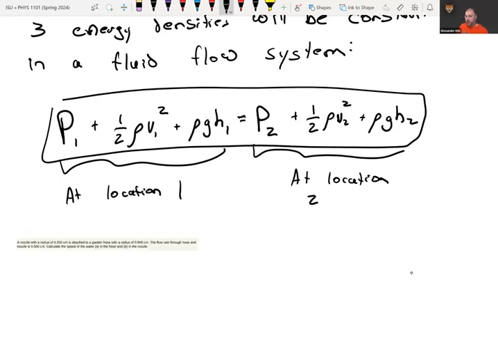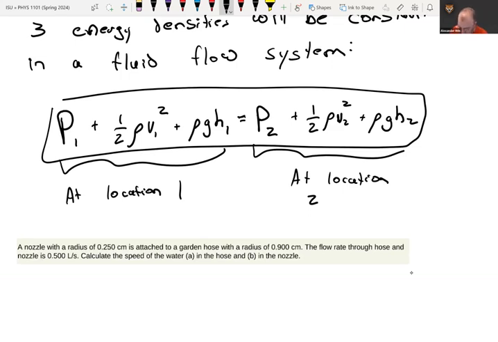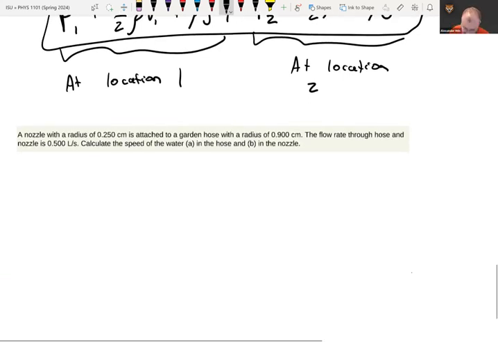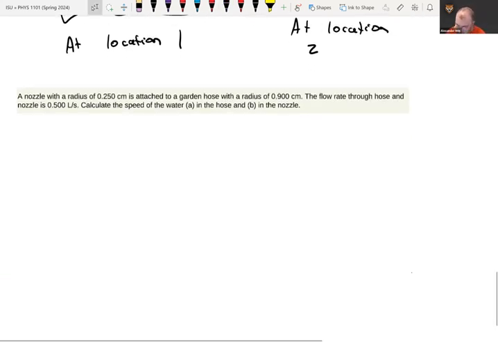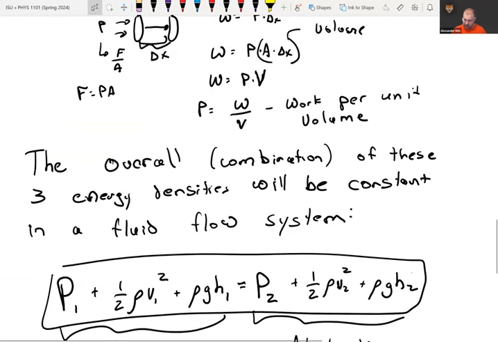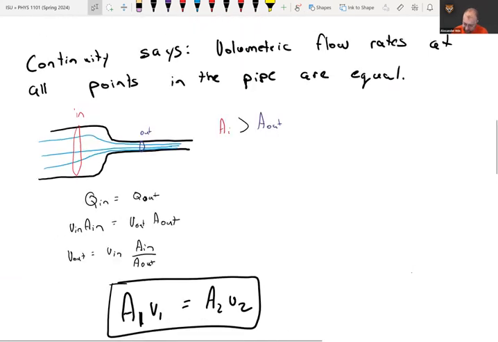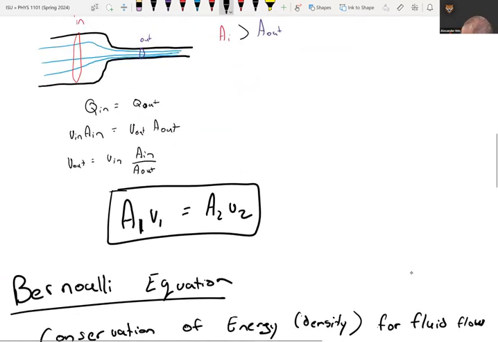Okay. So this one is just an example from the textbook. And part of the reason why I gave this, I should probably put this up here: Q1 equals Q2.